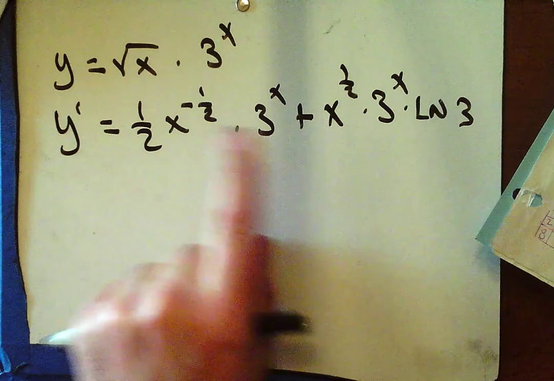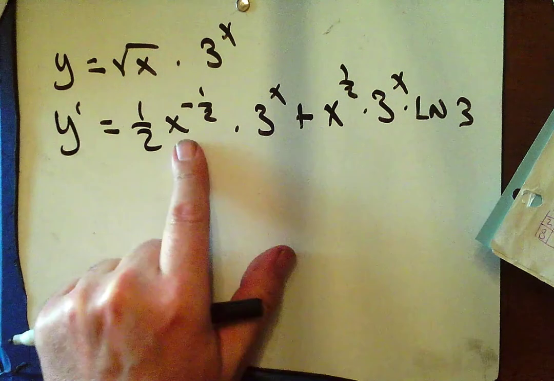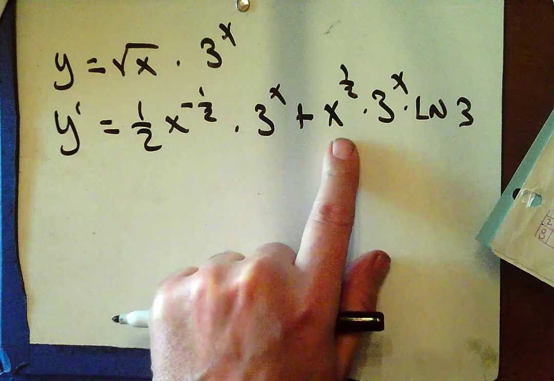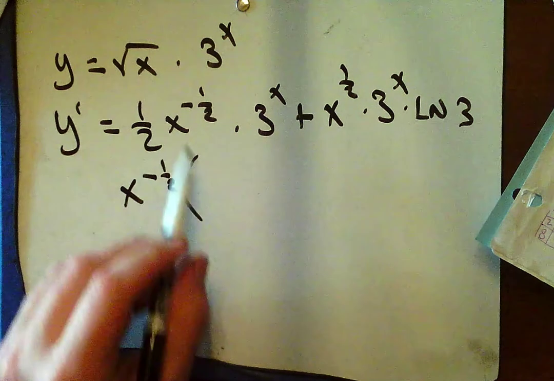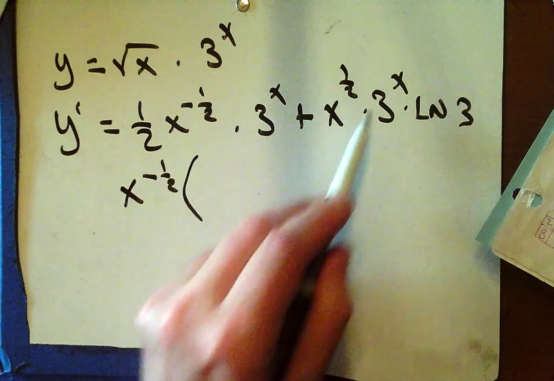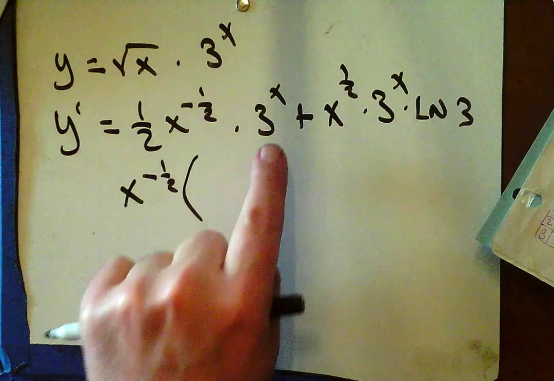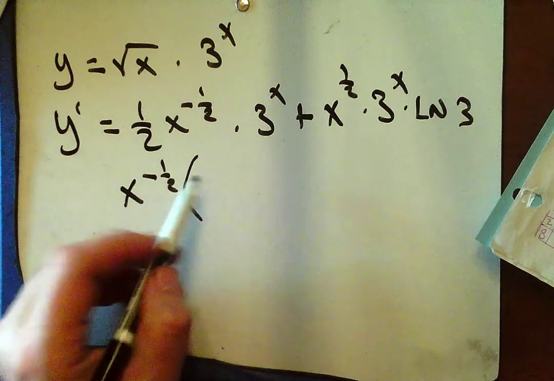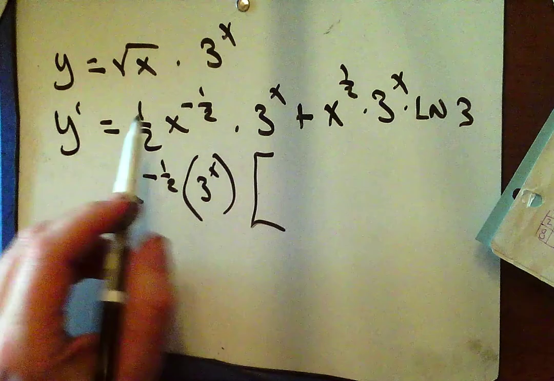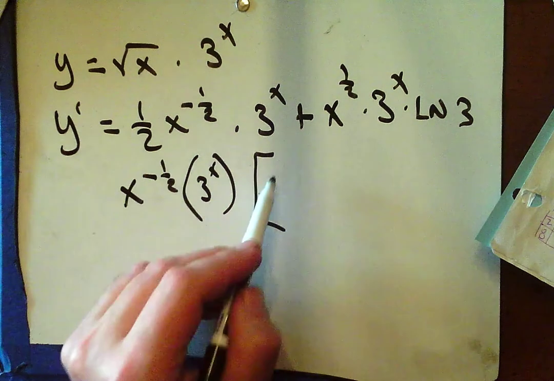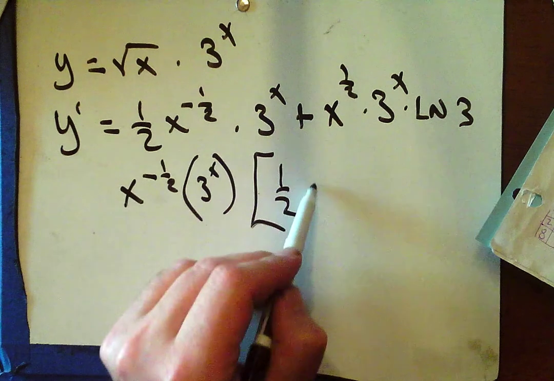Remember, we're going to be setting this equal to 0 very, very shortly, so I'm going to practice factoring out the smallest power of this common factor. I also see a 3 to the x that I can factor out. And so what's left over? Well, I took out this, I still have the 1/2, and then my plus sign.